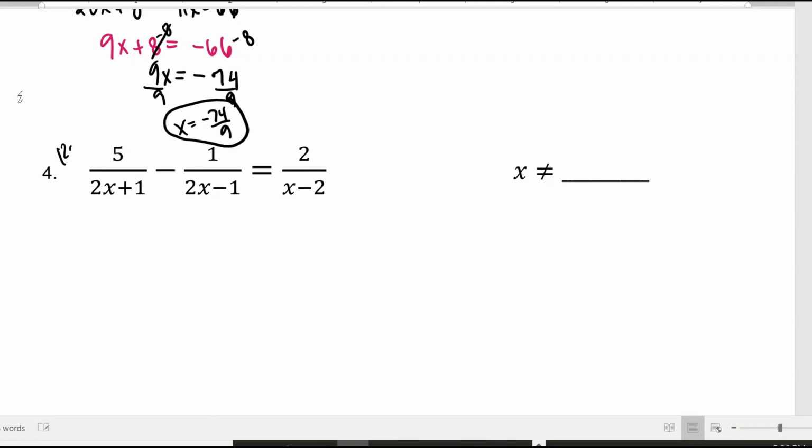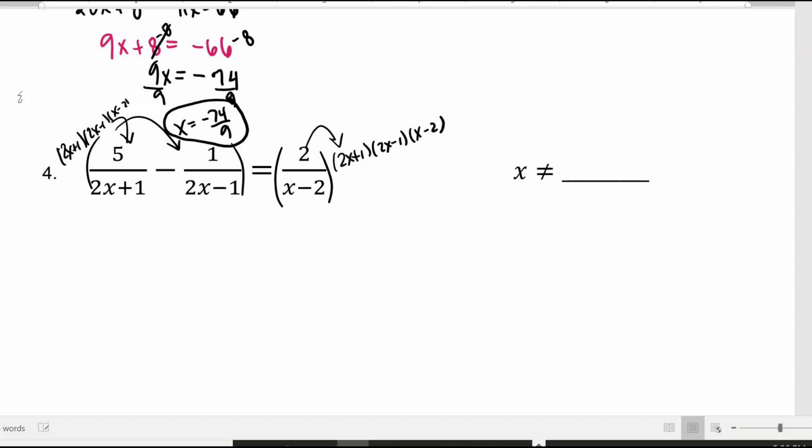2x plus 1 times 2x minus 1 times x minus 2. So sometimes you're going to have an LCD that has 3 different factors, which is a lot. So again, you're going to distribute that, and that's what I want you to do for the next step.